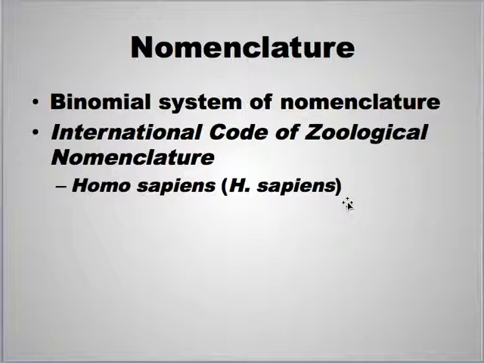The actual, we would call it a book, except it's probably not an actual book. It's probably kept on a computer, as the International Code for Zoological Nomenclature. So for humans, it's Homo sapiens. In some cases, genus may be abbreviated if it's stated previously.